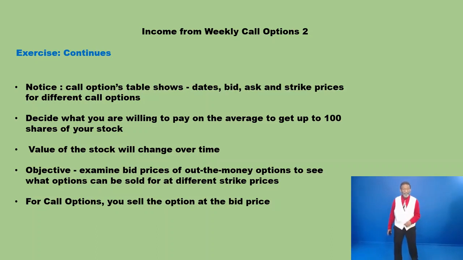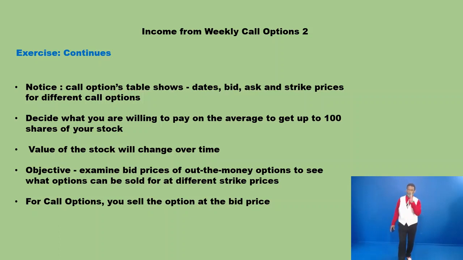The objective is to examine the bid prices. So you're looking at the bid prices of out of the money options. Those would be the options you are selling. You're wanting to sell those options. So out of the money bid prices, and what the different strike prices are, to see if the bid prices are at a level where you can actually make money selling that particular option.